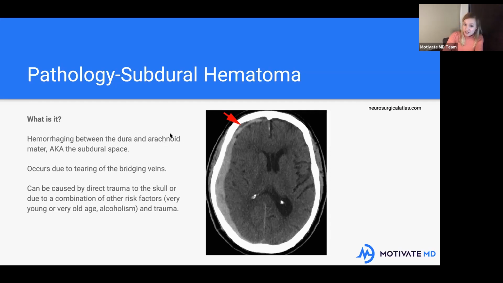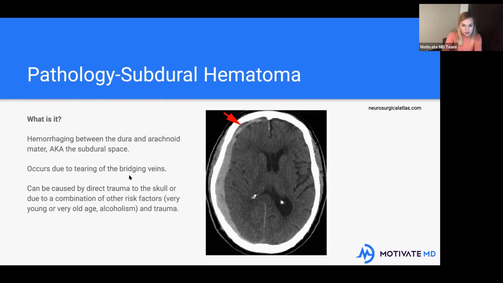So it's the bridging veins. So this is a venous bleed, which makes it different again. So the shape, the type of vasculature that's affected, artery versus vein, those things are all very important when you're trying to figure out what is causing these abnormal symptoms in your patients.